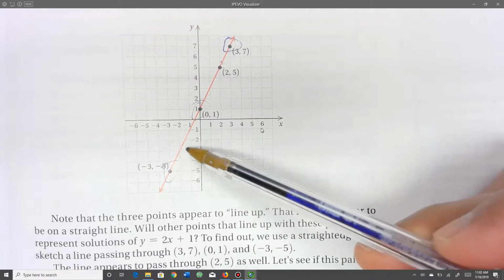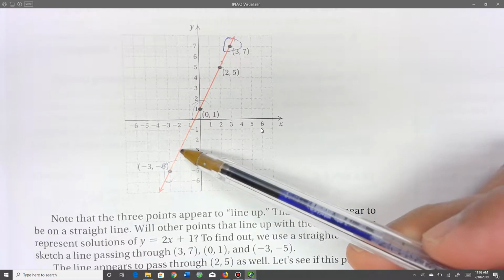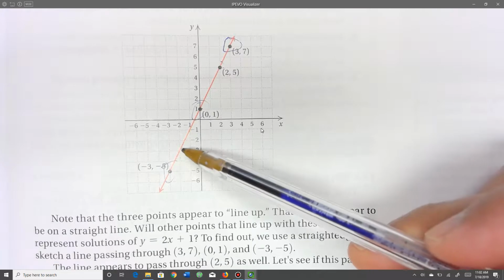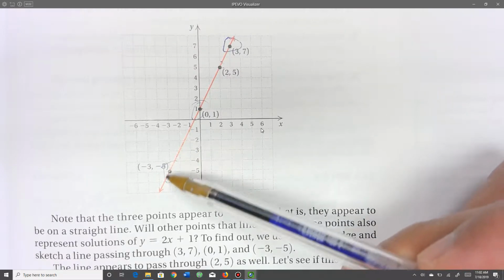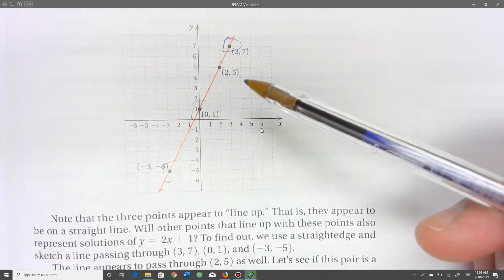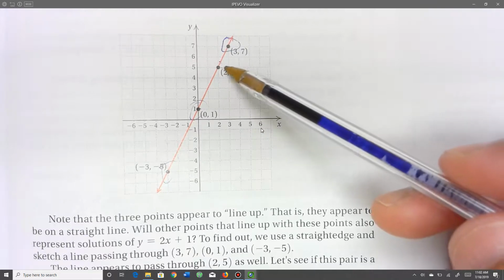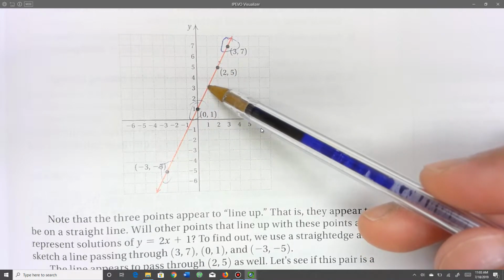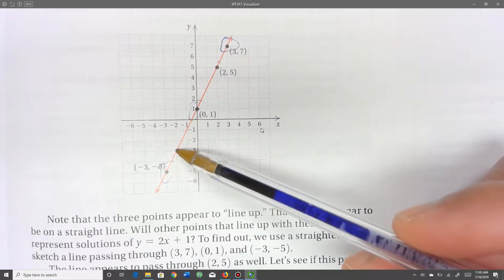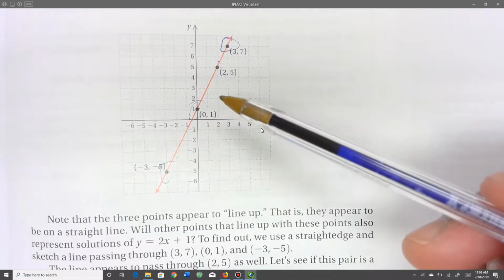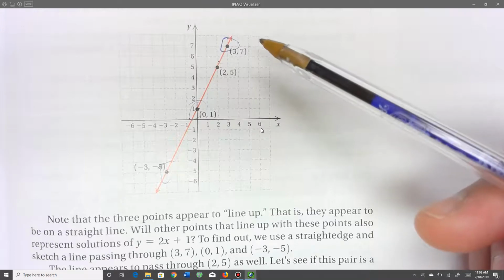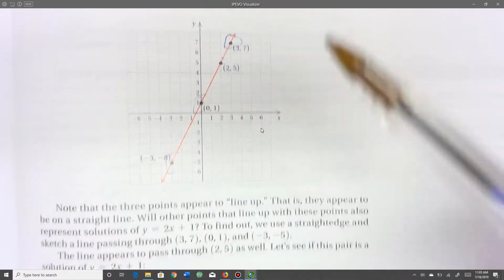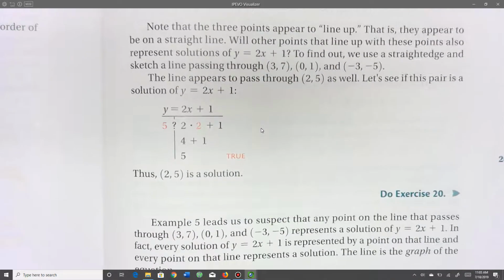Here it crosses at this intersection, that's another point you can use. -2, -3, and so on. In this case we only chose this one, but you could have chosen this one or this one or this one. And that's it for that example.